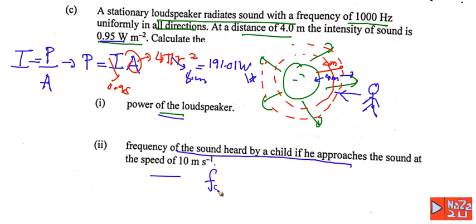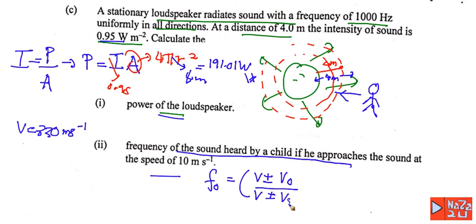The frequency observed by the observer is equal to the speed of sound, which is constant, 330 meter per second, given by the question, plus or minus the speed of the observer, divided by the speed of sound plus or minus the speed of the source, times the frequency of the source.